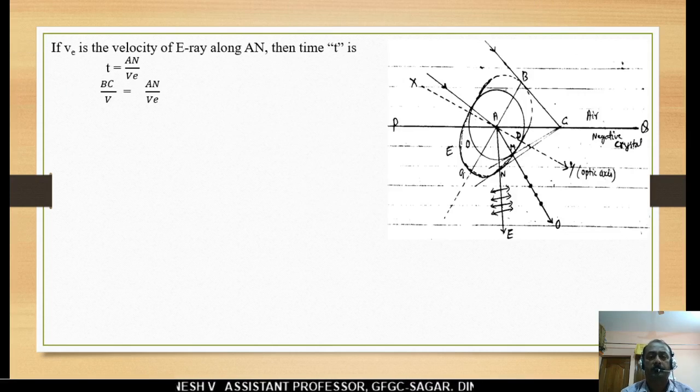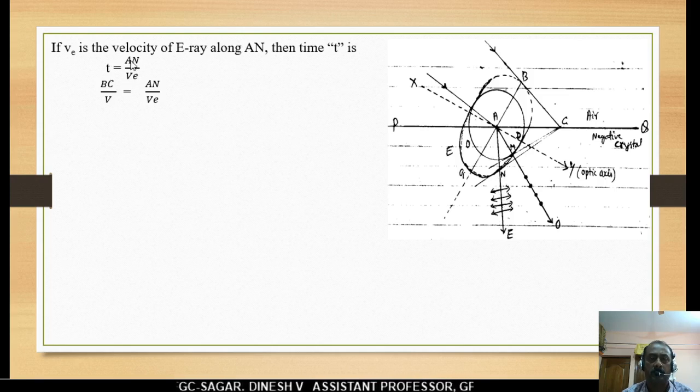See here, if Ve is the velocity of the extraordinary ray along AN, then the time interval t is given by AN upon Ve. AN means the distance traveled by the light inside the crystal, upon the velocity of the extraordinary ray.